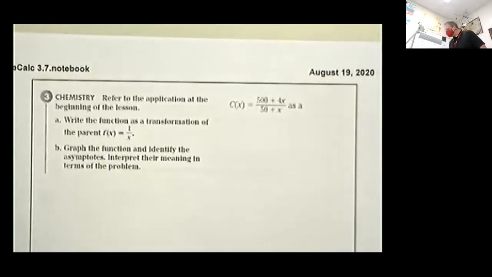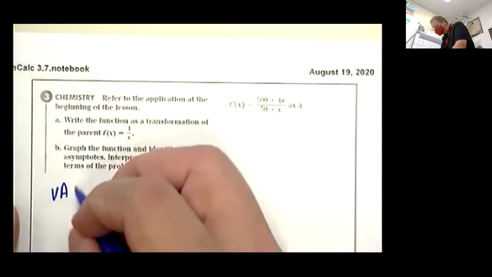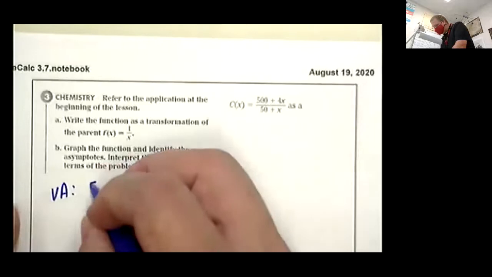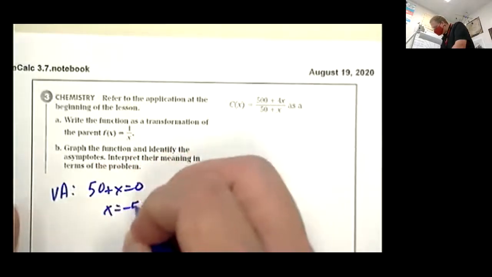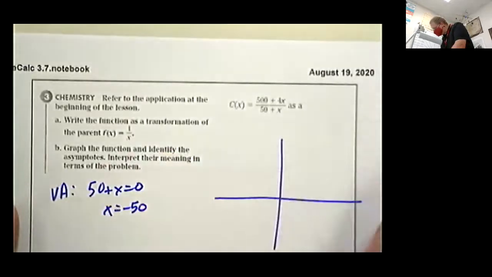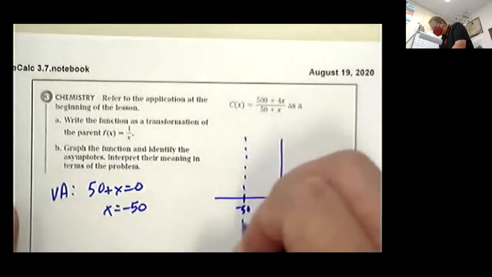All right, so the first thing we want to do is find our vertical asymptotes. That's going to be where the denominator is equal to 0. So 50 plus x equals 0. Therefore, x is negative 50. So in our graph, somewhere we're over here left, negative 50. There's our vertical asymptote.